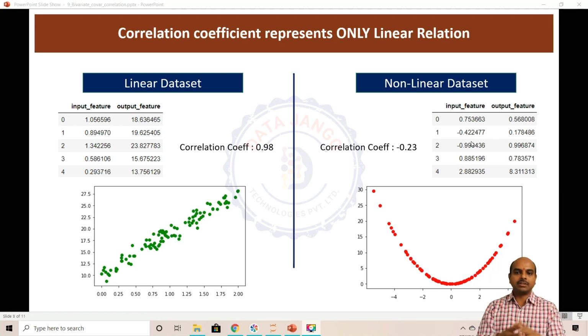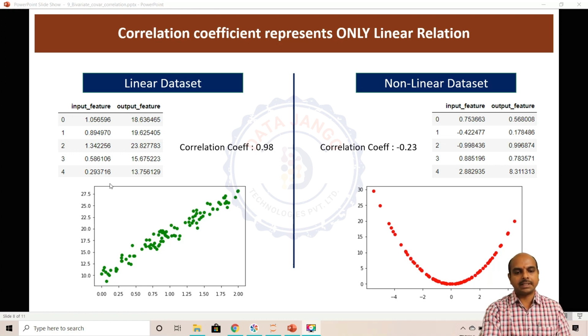So I have taken two example datasets and tried to calculate the correlation coefficients. For the first dataset, it gave 0.98 as the correlation coefficient. That looks reasonable because the input feature is increasing, and y is also increasing. When you look at the graph also, it is showing a linear relationship.